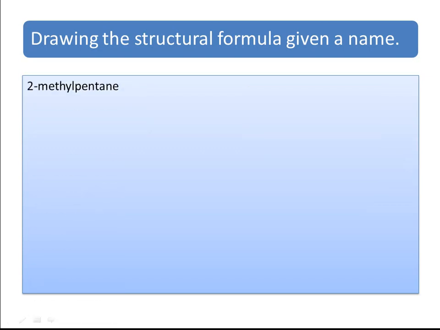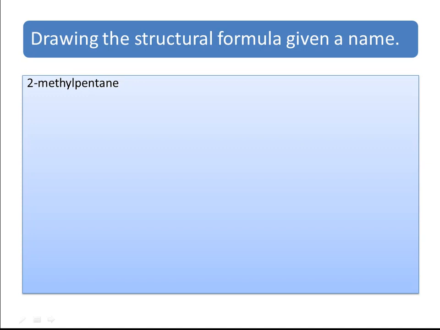Right. Now we're going to go straight into a skill practice activity. We're going to draw a structural formula given a name. So this is the name we're given: 2-methylpentane. We need to write this as a displayed formula showing where all the atoms that are in the molecule or in the compound are found.